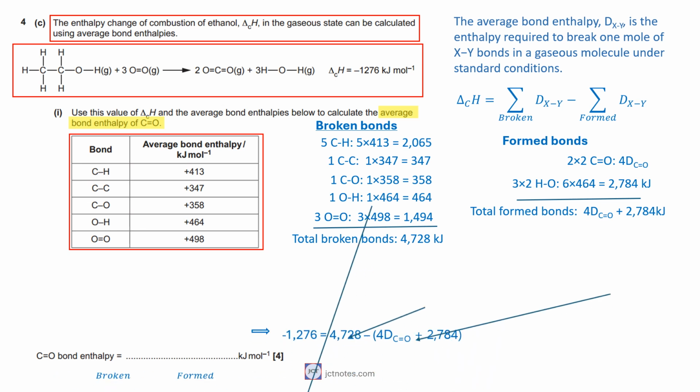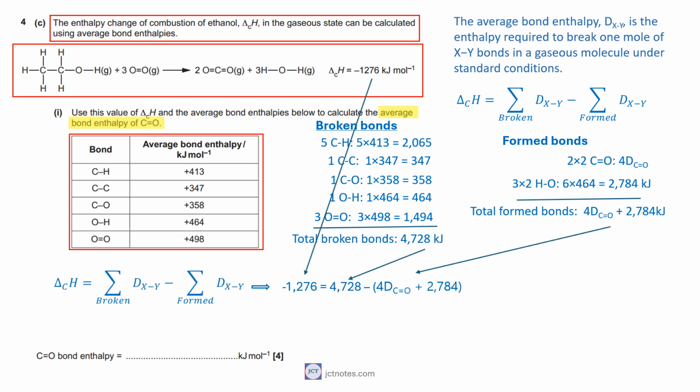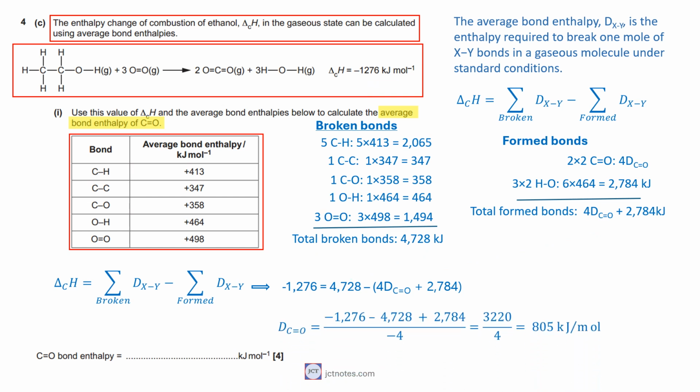If we replace these values in the equation, we get that minus 1276 equals 4728 minus 4 times the average bond enthalpy of the carbon-oxygen double bond plus 2784. This gives an average bond enthalpy of 805 kilojoules per mole.